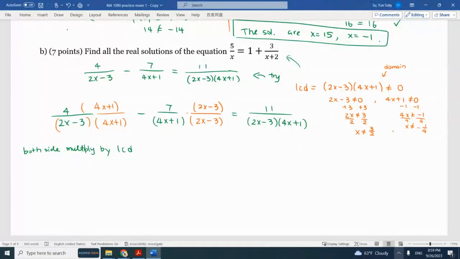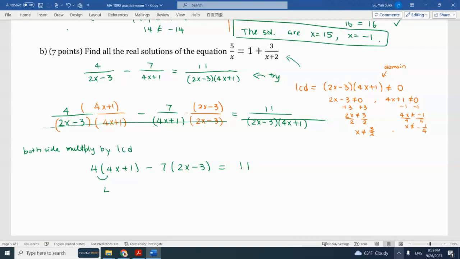On your left hand side, you get 4 times 4x plus 1, minus 7 times 2x minus 3. And on your right hand side, you multiply by the least common denominator, so that term is gone. Okay? And now let's distribute.